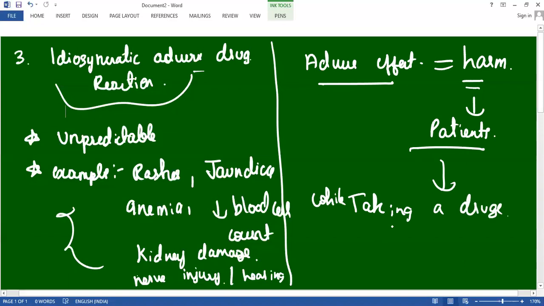Irrespective of whether the drug is suspected to be the cause or not, if the person takes a drug, these side effects can affect them. So a side effect will definitely harm the body. Drug toxicity is also one of the problems I'll be discussing now.